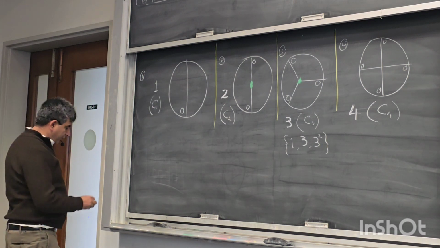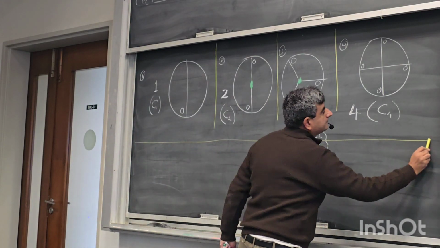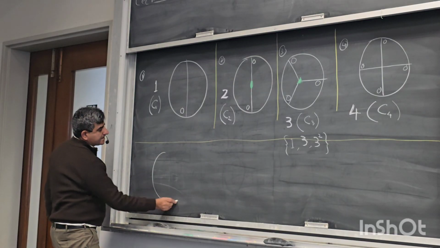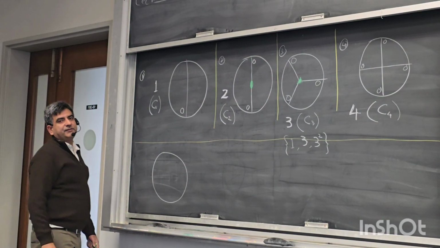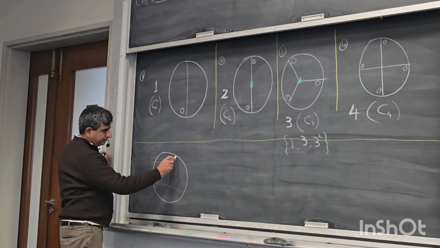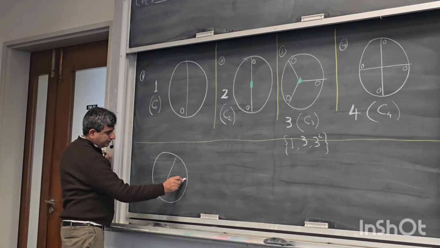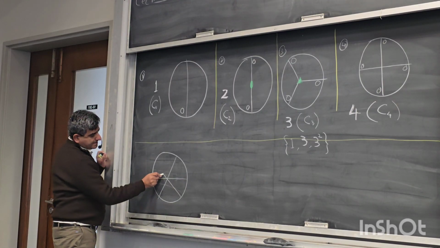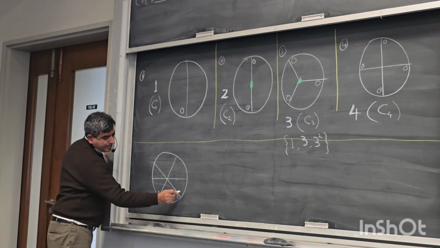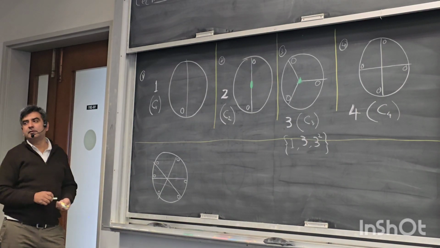And I can draw yet another cyclic group, which has 6-fold symmetry. Okay.